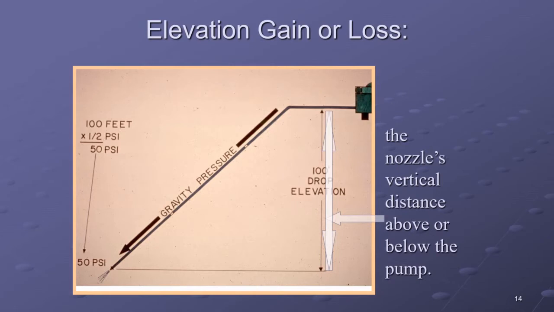And head pressure can eventually play some kind of funky roles, but for our purposes and what we're doing here, we're looking at the overall change in elevation between the pump and the nozzle. So for example here, it's a 100 foot elevation drop. I divide my elevation change in half. Half of 100 is 50, and that is the pressure I gain because I'm going downhill.